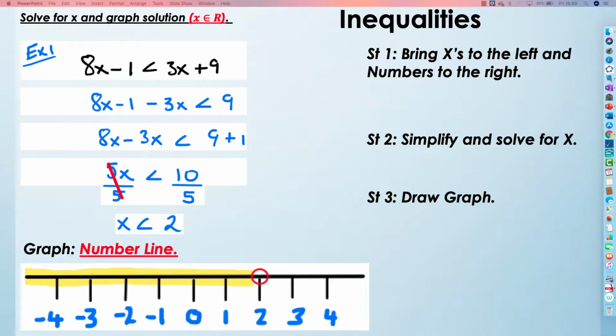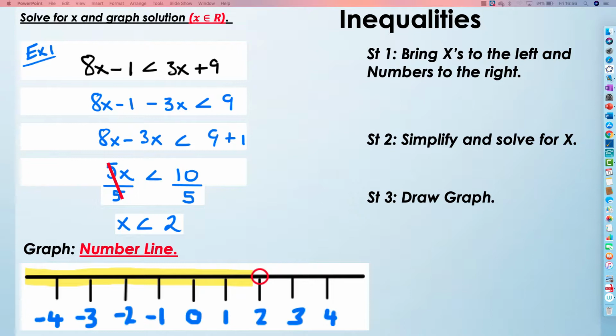Now when it comes to this, what determines whether you shade it or put dots on it is what's up here. You are going to see x is an element of R, x is an element of N, and x is an element of Z. Three things. Anyone know what R stands for? Real. What does N stand for? Natural.